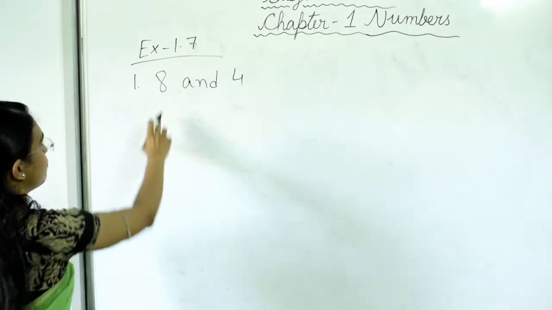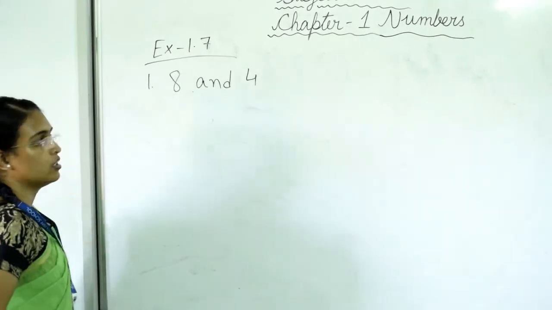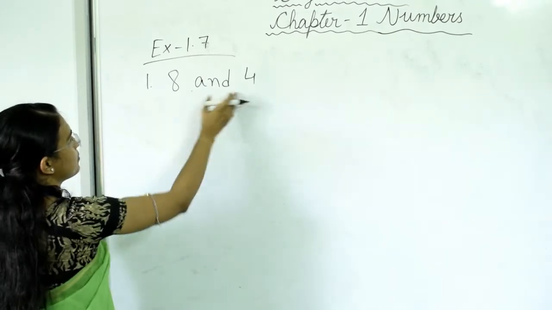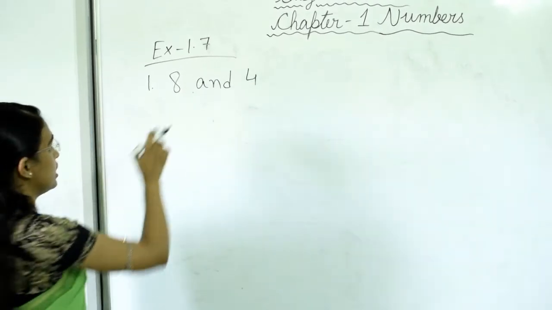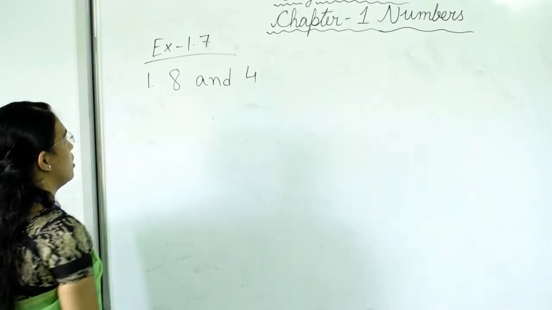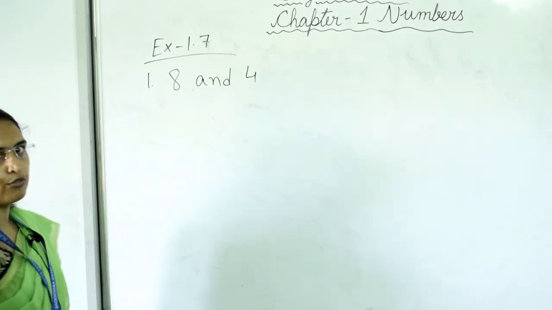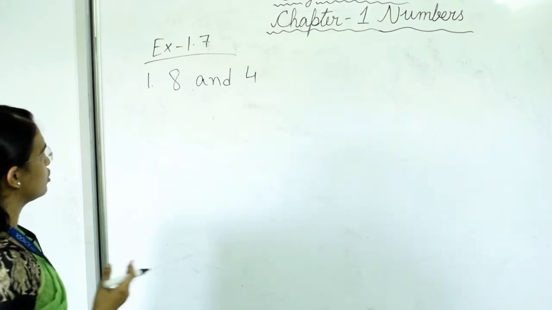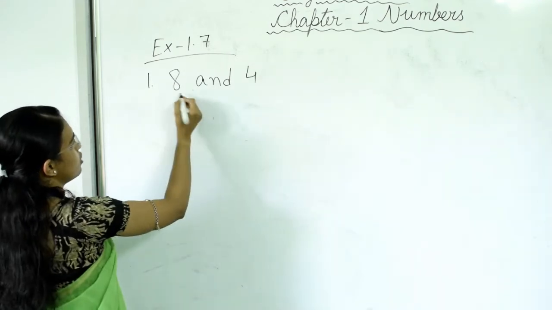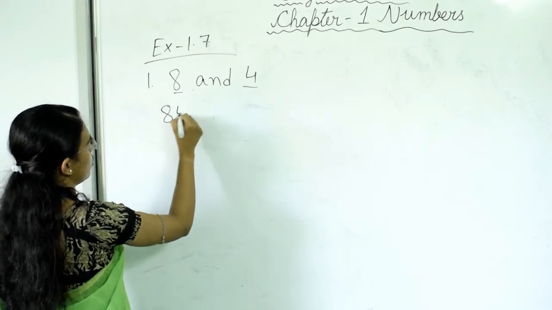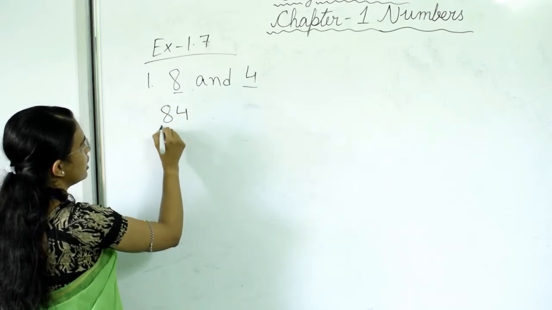Now here we have two numbers. What we have to do, first we have to form the numbers with the help of this 8 and 4. Then we have to find out which one is the smallest number, which one is the biggest number. Okay. So 8 and 4, if we put 8 in tens place and 4 in ones place, what will happen? It becomes 84.